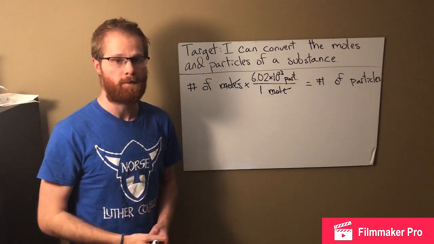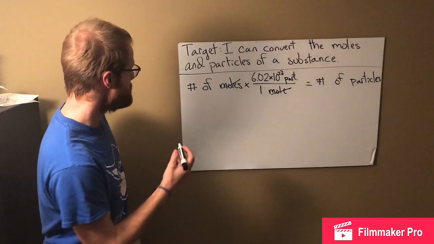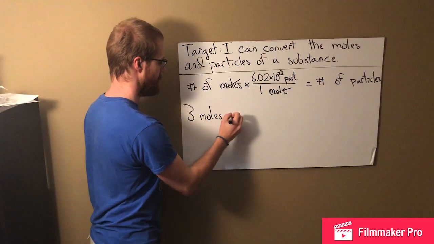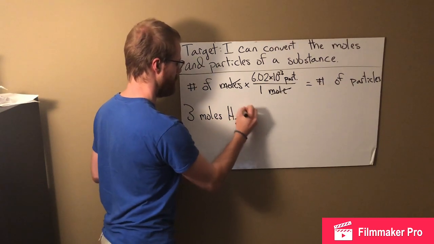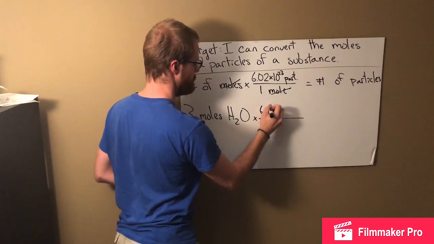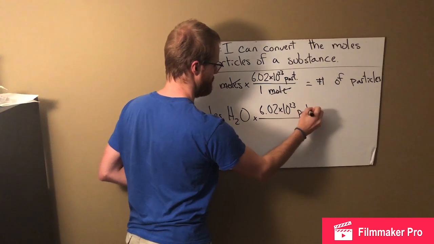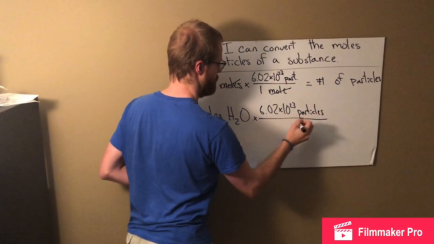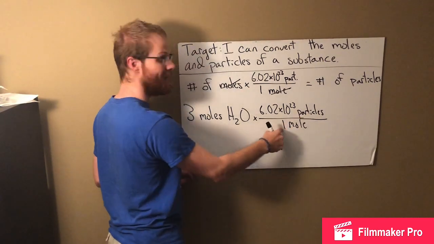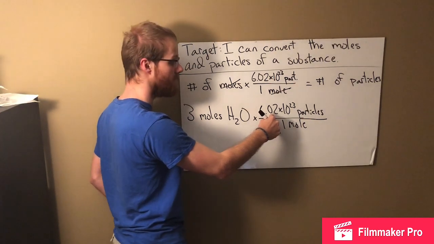Let's try a practice problem to see how this actually works in practice. Let's just say, for example, we have 3 moles of H2O. What we can do is use Avogadro's number, which is 6.02 times 10 to the 23rd particles, and divide that by 1 mole, because there is 1 mole in 6.02 times 10 to the 23rd particles.